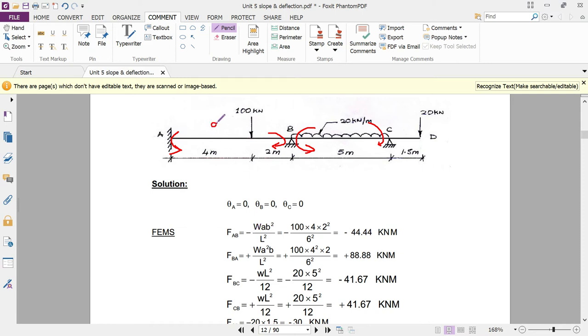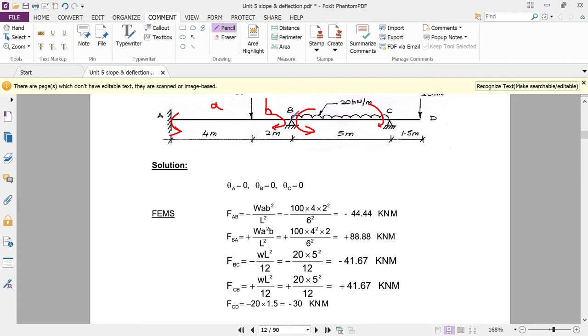Here it is A, here it is B, so we put the value 100 into 4 into 2 square by 6 square. The answer is 44.44. Same on the farther end, that is at B, it will be W a square b by L square. So 100 into 4 square into 2 divided by 6 square, that is equal to 88.88.